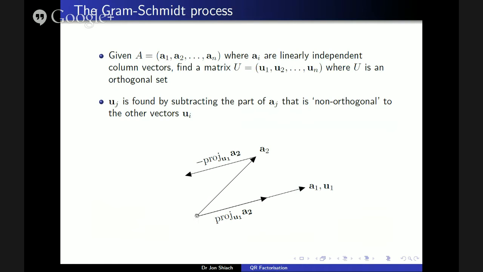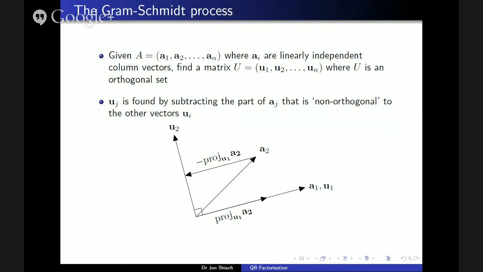If I have a vector going from this point up to this point, it's going to go a bit further because it doesn't have to be a unit vector, but I'm going to get this vector. This is orthogonal to U1. So U1 and U2 are orthogonal to each other, and U2 was found by subtracting the projection of A2 onto U1 from A2. And that's the Gram-Schmidt process.